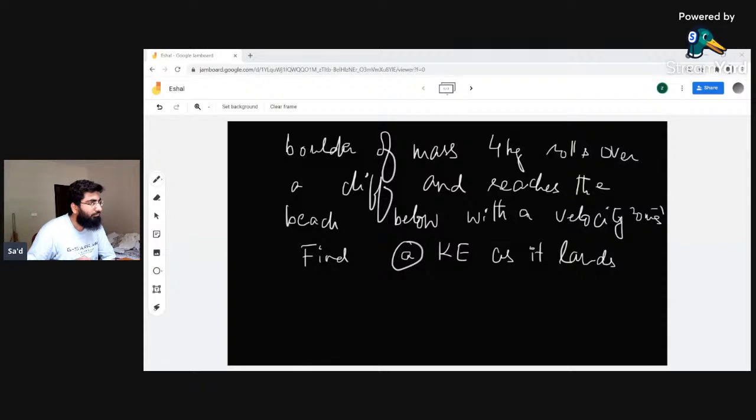Sir, what is the velocity? हाँ जी, velocity is 20 meters per second.